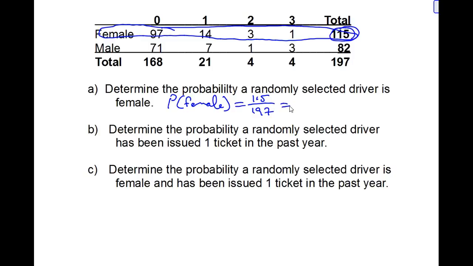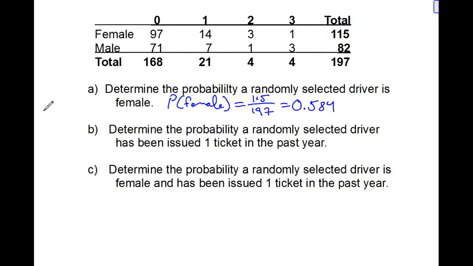We divide that out, and we get that the probability of a randomly selected driver as female is 0.584.